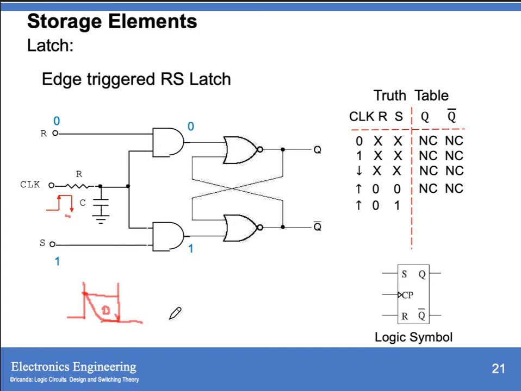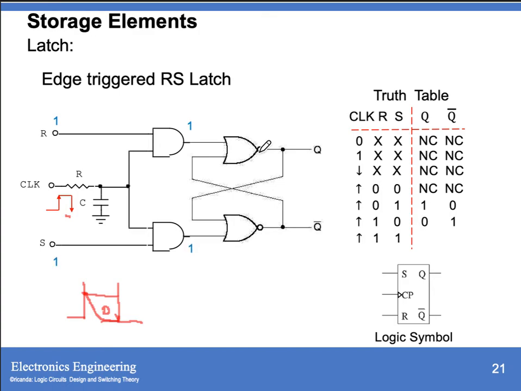So if it is 0, your output of this NOR is 0. 0 NOR 0, then your Q will be equivalent to 1. Then if it is 1, 0, since this is 1, your Q will be 0, making your Q bar 1.